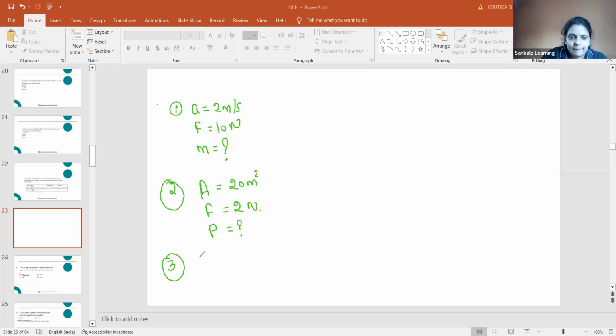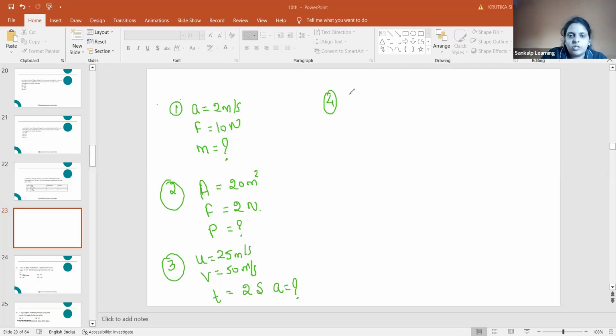Then the third one, I'll give you the initial velocity value as 25. Then the final velocity value as 50 meter per second. Then I'll give you time, that is 2 seconds. Calculate the acceleration. Okay. Then one more. Total 5 I'll give.